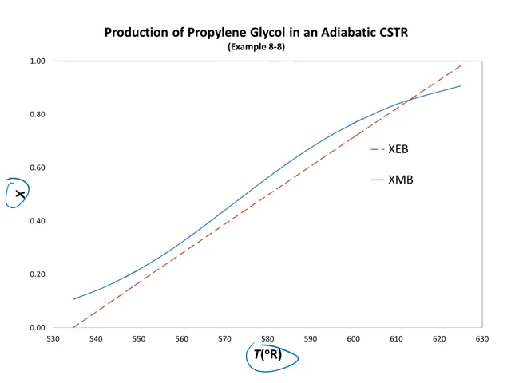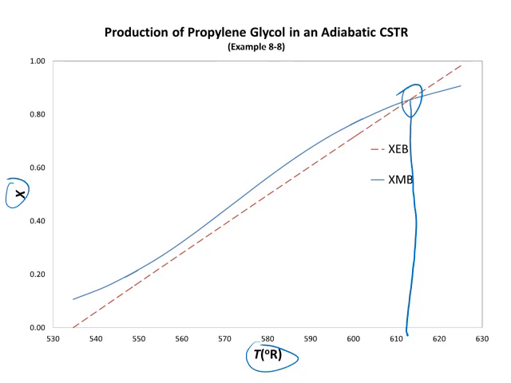Okay, and always, Shabab, XMB is like an S shape because it has to level off at 1. Okay, so from here you can see that there is a solution, which is this value of T. This value of T satisfies both equations.